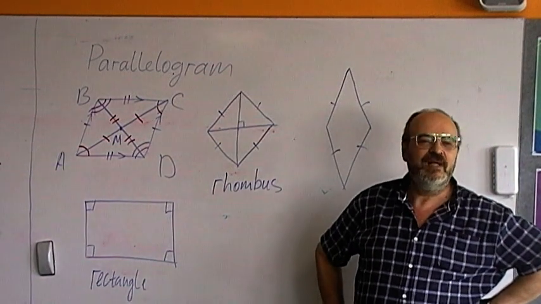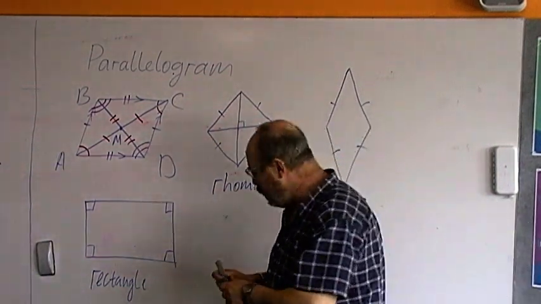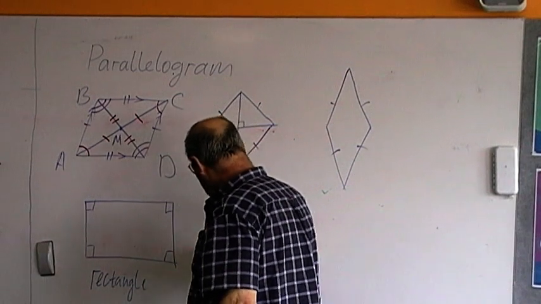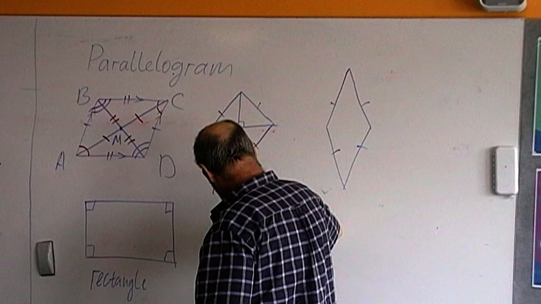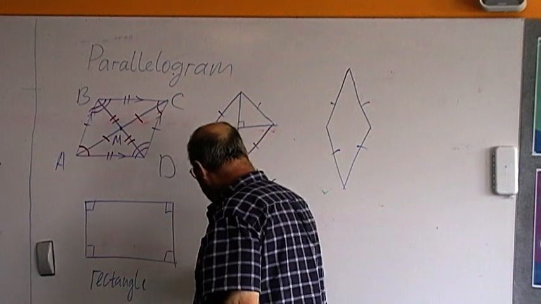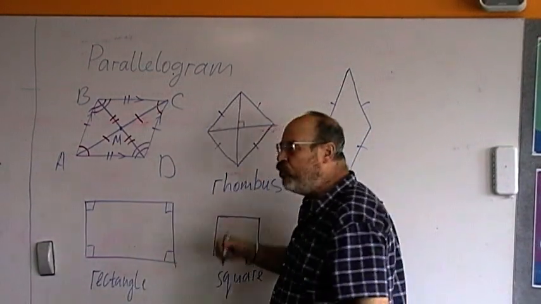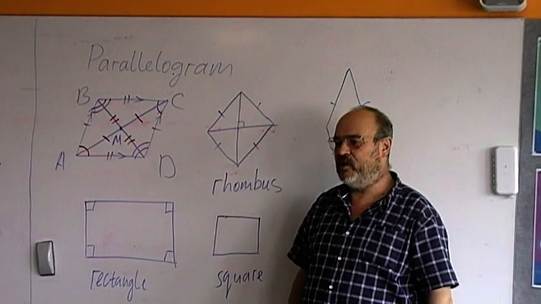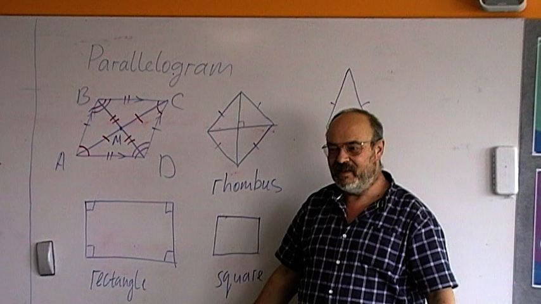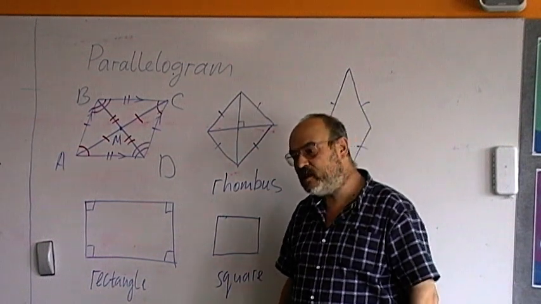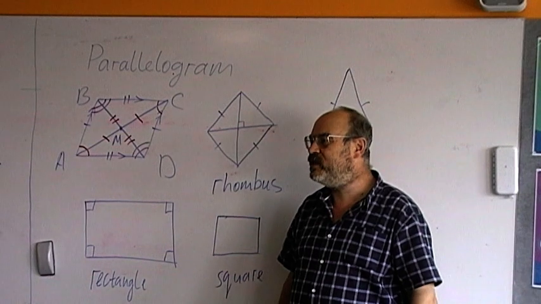Now, what shape will we get if we combine features of rhombus and rectangle? Square. Excellent. Not perfectly square. Let's make it more square. So is square a rhombus? Yes, it is. All sides are equal.